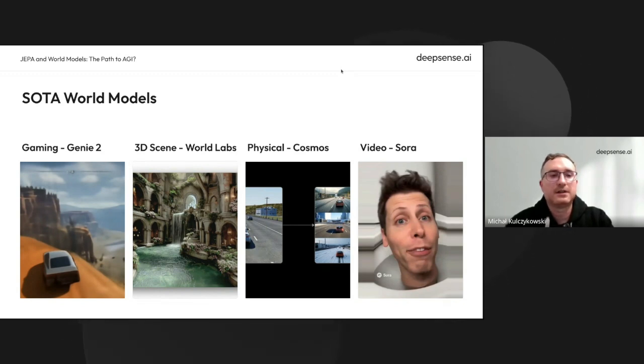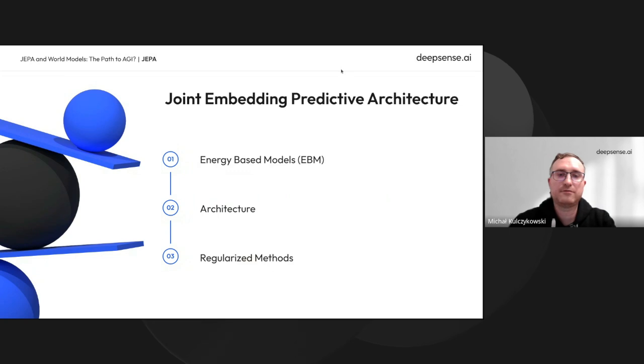We have such world models as the one that generates gaming scenes in DeepMind's Genie 2. We have 3D scene generation from World Labs, physical environment generation for training of autonomous vehicles from NVIDIA Cosmos, and video generation with OpenAI Sora. What connects all these models is that they are generative, meaning they think in pixel space.